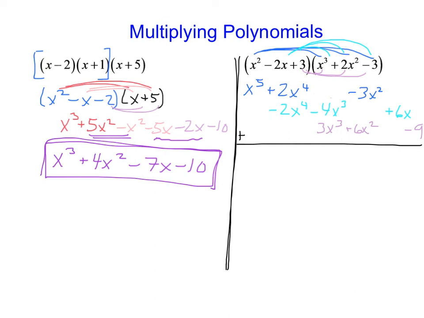How many x to the 5th do I have? 1, x to the 5th. Here, these two cancel each other out. That's nice. Then I'm going to have minus x cubed plus 3x squared plus 6x minus 9.